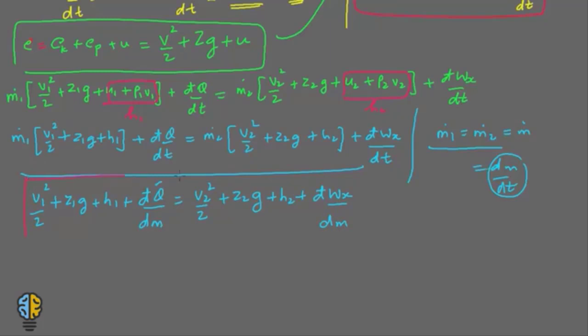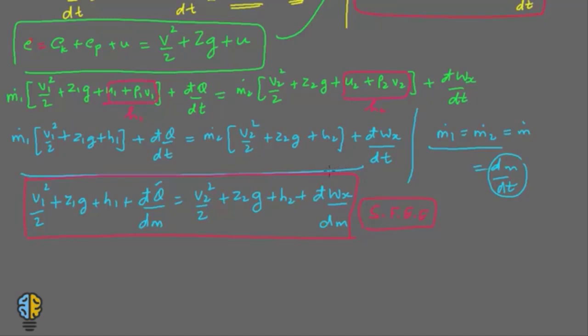This equation is what we need to derive, and this equation is called the steady flow energy equation. This is a very, very important equation when you apply first law to flow processes.